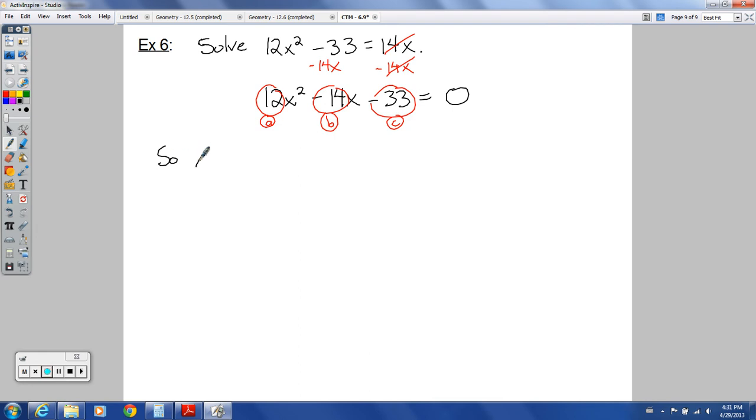Now we can plug it in. X equals negative b, that'd be negative 14, by the way. So the opposite of what b is, negative of negative 14, plus or minus the square root of negative 14 squared, b squared, minus 4ac, all over 2a.